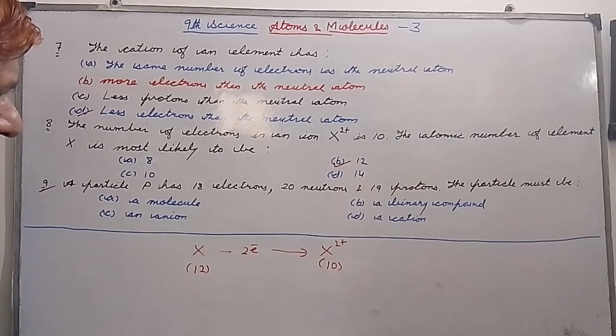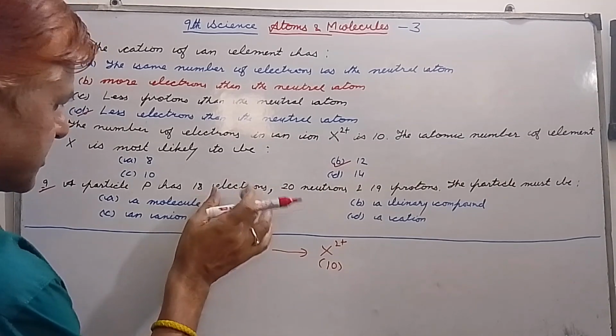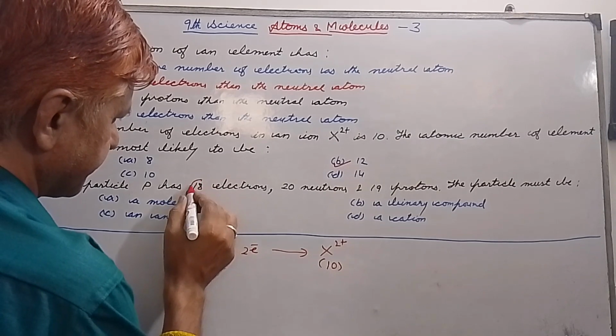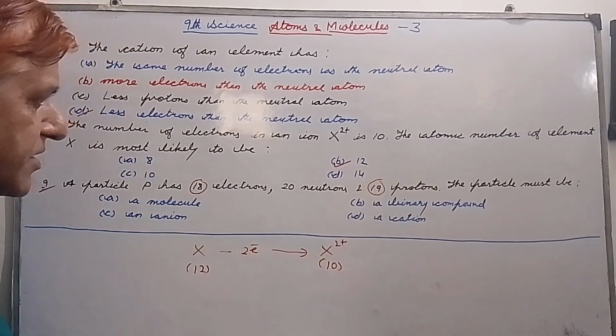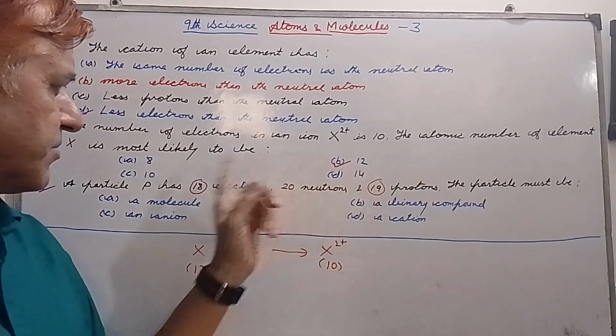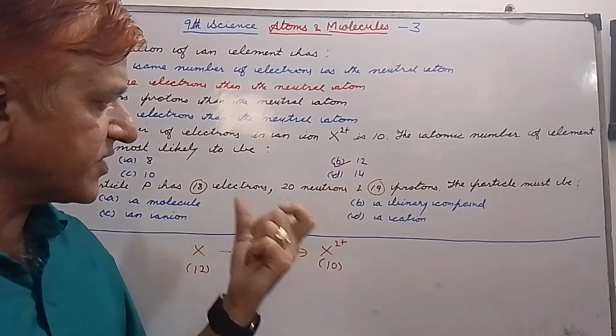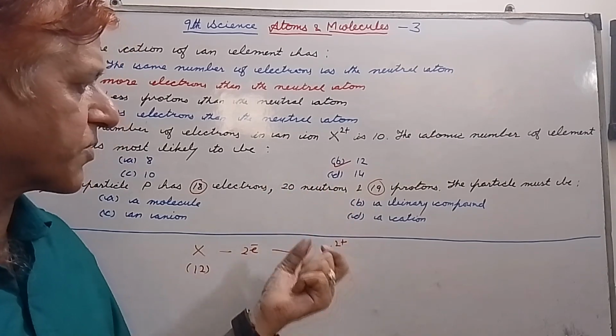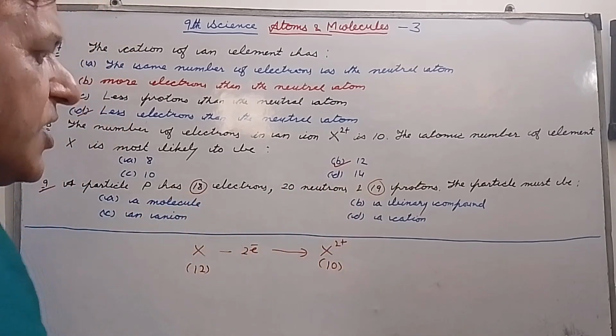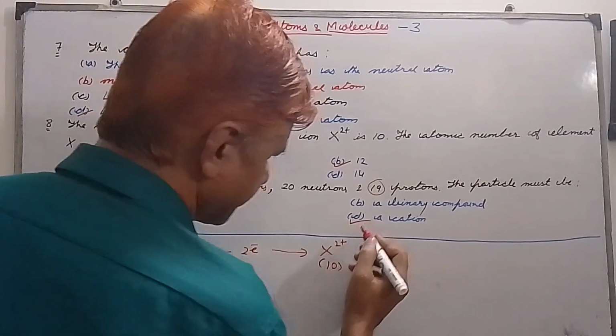So here, my dear students, see how many electrons this particle has? 18. How many protons? 19. So here number of protons are more than the number of electrons. So always remember that a cation always has more number of protons than number of electrons. So D is the correct option.